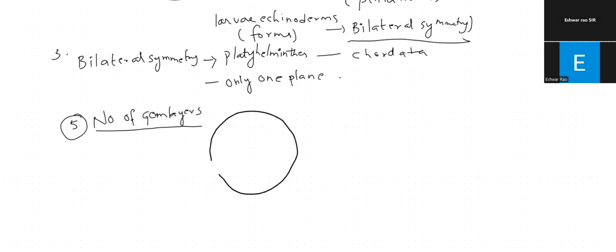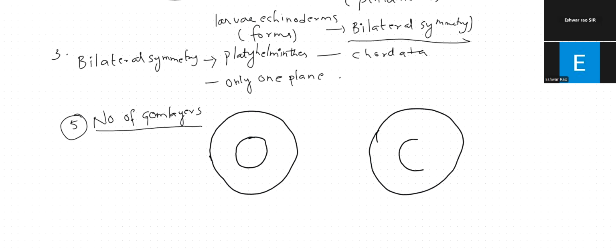Okay, so here is the first one where there are two layers. And here we have the other two layers, right? Like this. And it has some kind of cells.